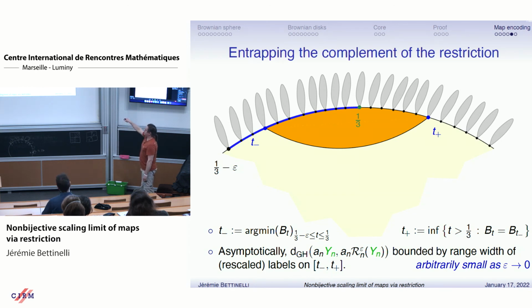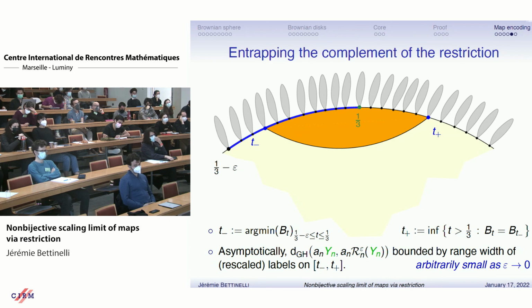And the distance between y and the restriction will be bounded by the max of the labels minus the mean of the labels in the trees that are between T minus and T plus, because, as I said, the trees between T minus and T plus encode at least all the orange parts.